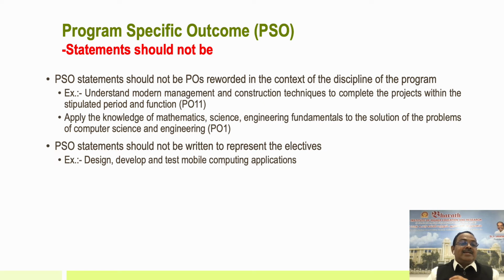Similarly, the next example: "apply the knowledge of mathematics, science, engineering fundamentals for the solutions of the problems of computer science and engineering." If any PSO is written like this, it is very similar to program outcome 1. So you must avoid this when you write any PSO; there should not be a correlation between the program outcome and the program specific outcome.